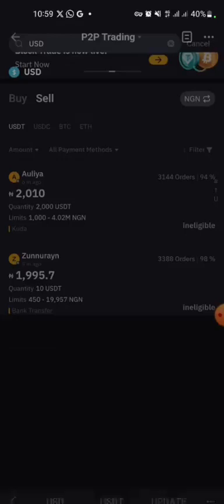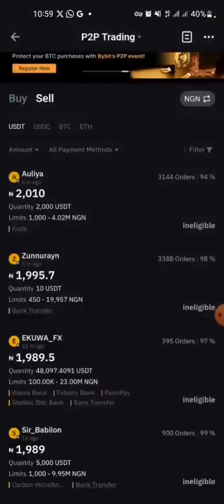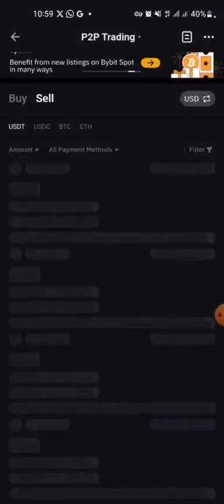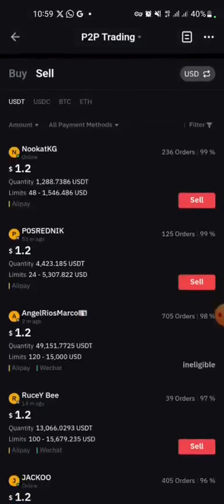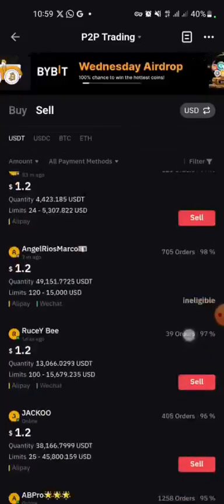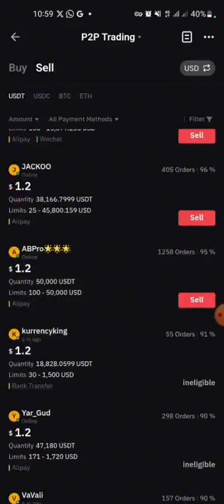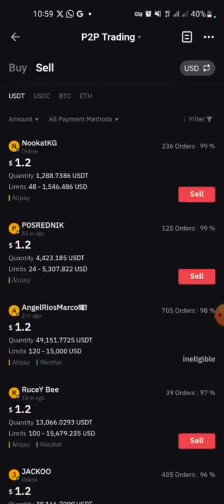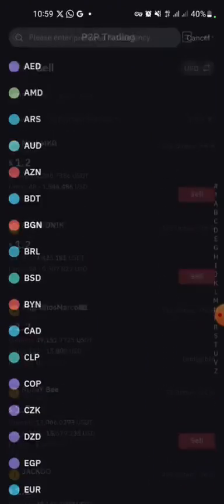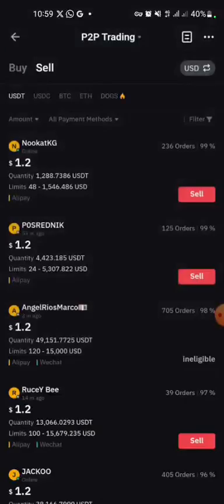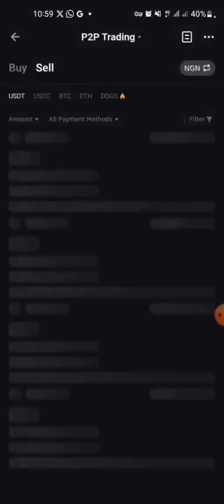If I select USD now, it will give me options of people in the USA that I want to trade with, which won't likely be possible because I'm not in the USA. These are people in the USA, right? So this is for the US side. So I'm going to go back to NGN, which is Nigerian Naira, so that I can get options of Nigerian traders. So yeah, this is it.